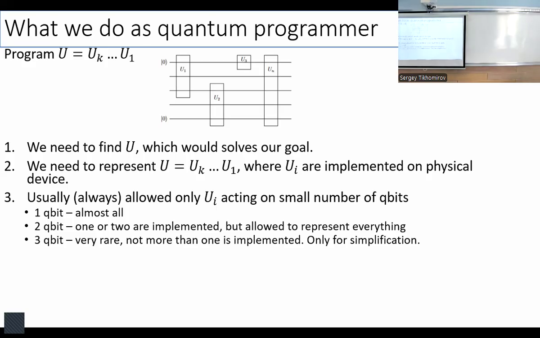But here there is a certain devil in the detail. One-qubit operations are now implemented relatively precisely, with 0.9999 precision, I don't remember how many nines. But the two-qubit operations are still a problem.